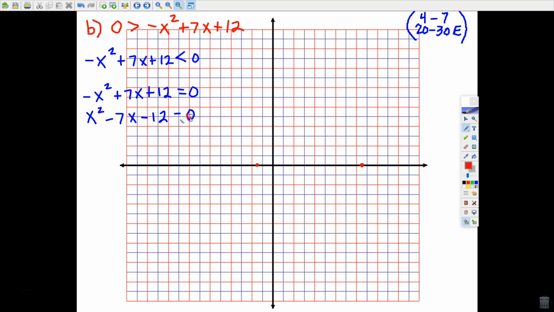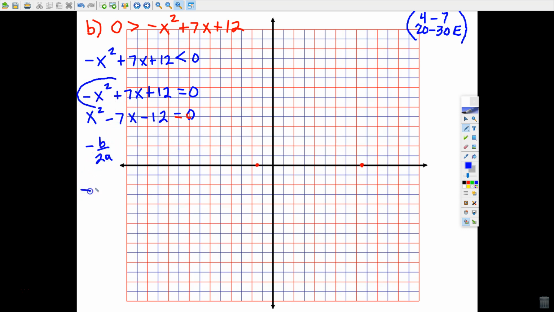Alright, so for my vertex, I'm going to just do the opposite of b over 2a. We could add these together and divide by 2, but since these x-intercepts are rounded approximations, I'm just going to go ahead and find the AOS using the opposite of b over 2a. Really, you could look at either one, it doesn't matter.